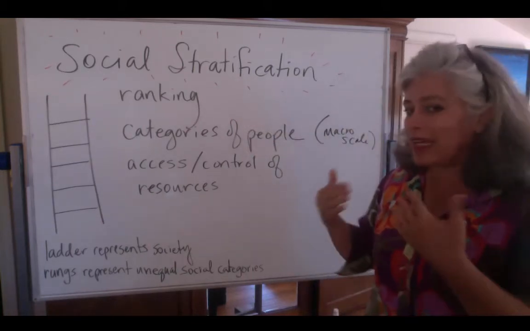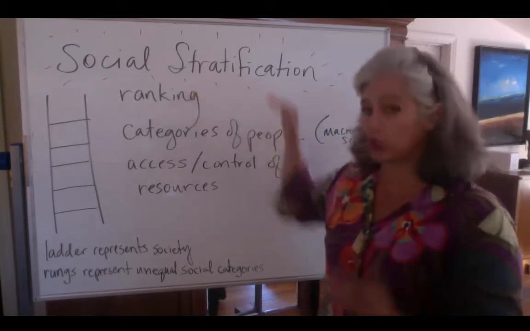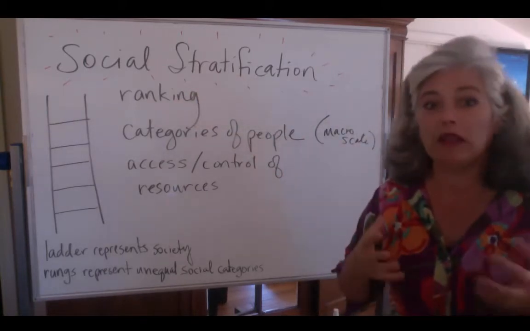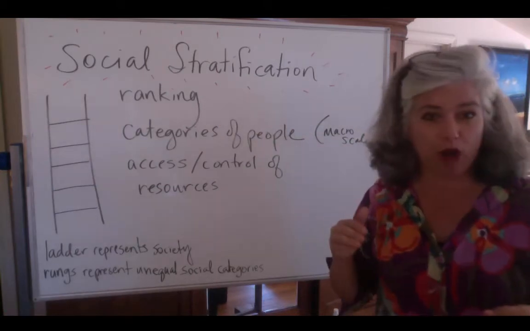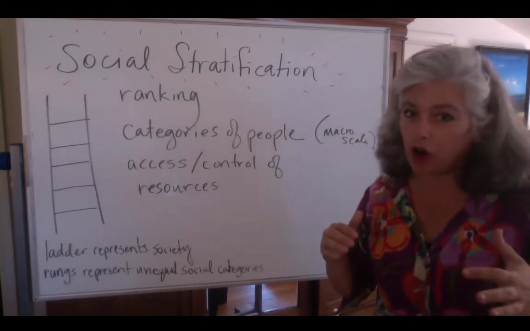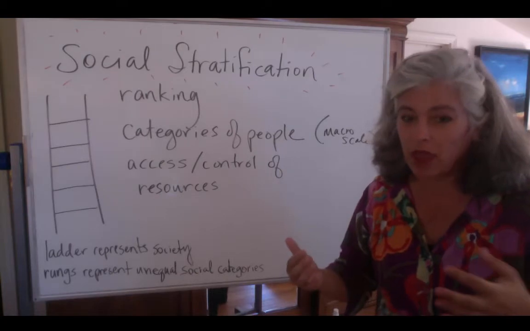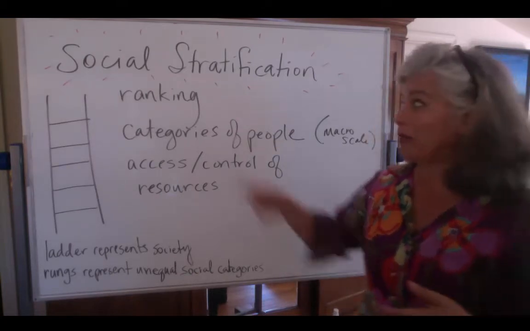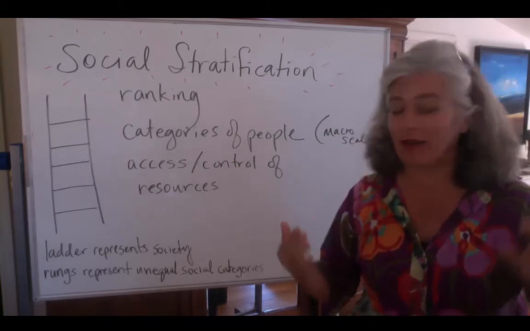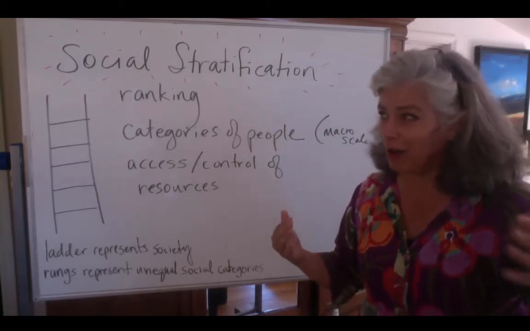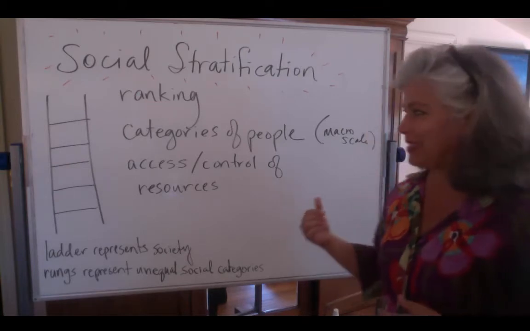So when we say in sociology, social stratification, we're talking about layering. We're talking about ranking. I think your textbook author uses the word hierarchical arrangement. That's a difficult word for me to say, so I'm going to say ranking instead. I hope YouTube knows how to spell hierarchical when I stumble over the pronunciation of it.